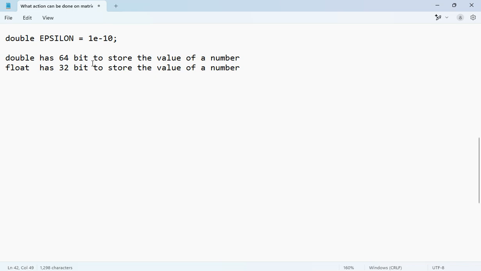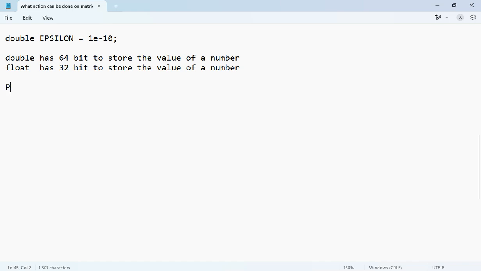So what does it mean, having 64 bits or 32 bits for storing the value? It means that in double your number can be more precise. Sometimes numbers have an infinite number of digits after the comma.